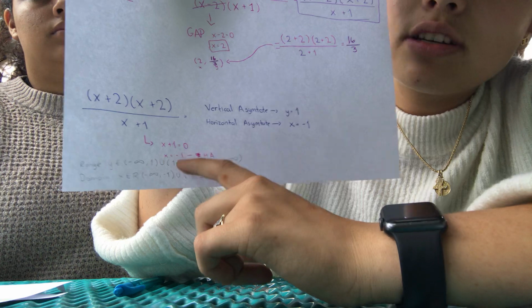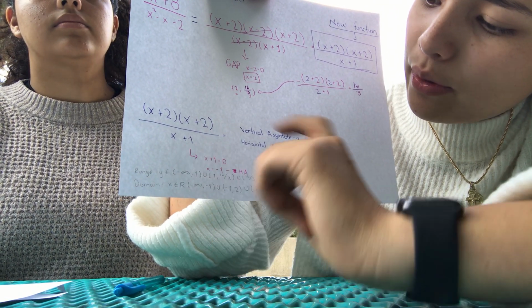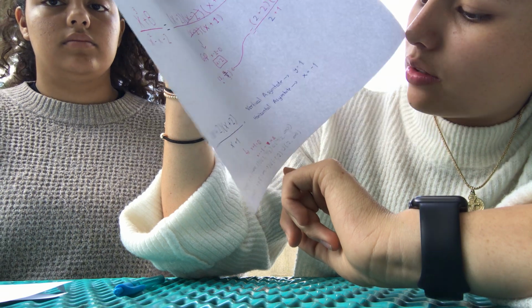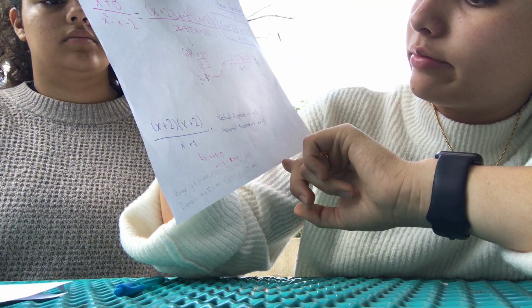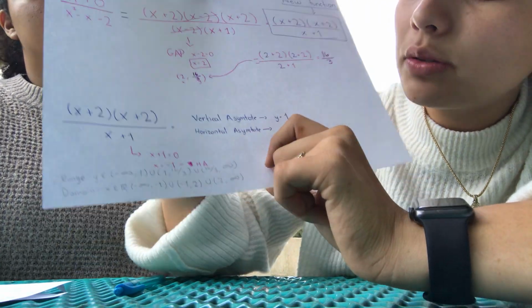And with the new function, we found the horizontal asymptote and the vertical asymptote.